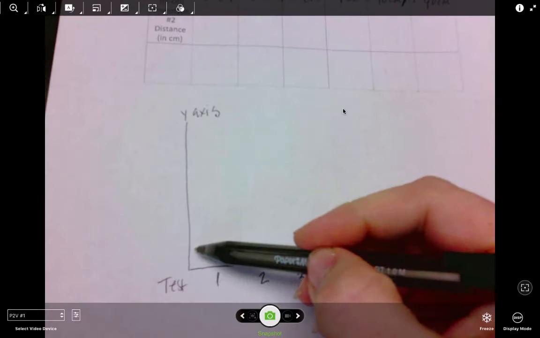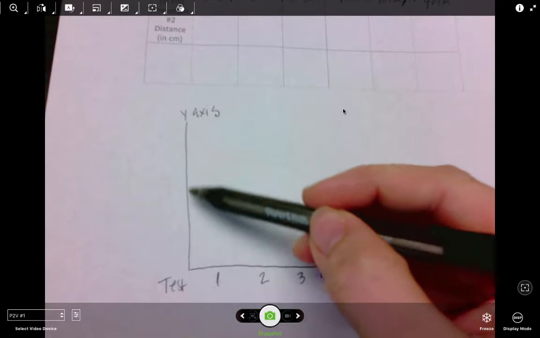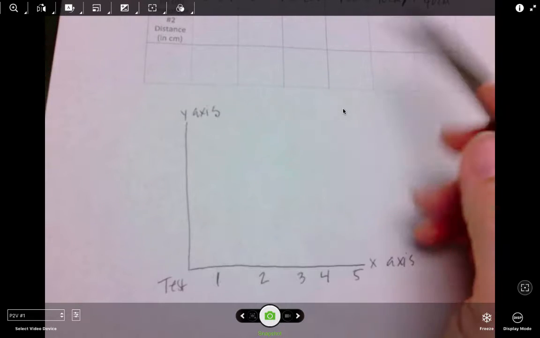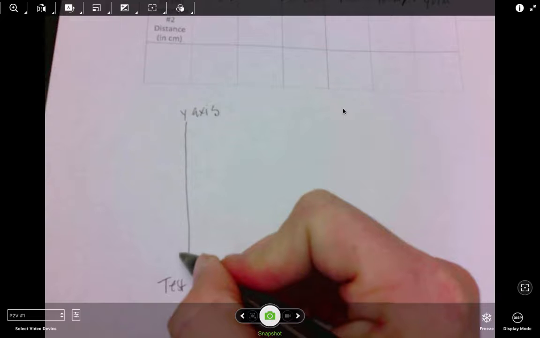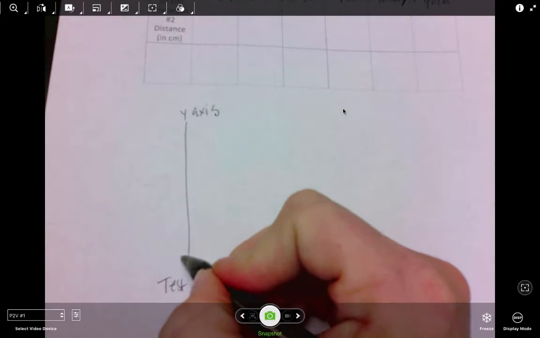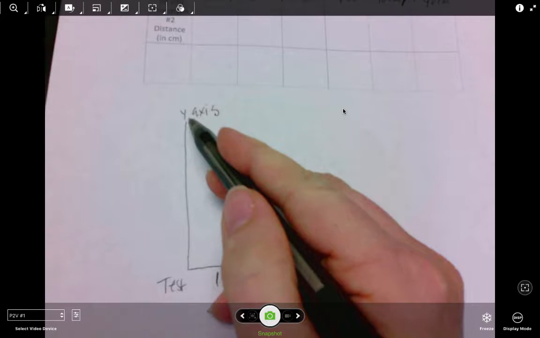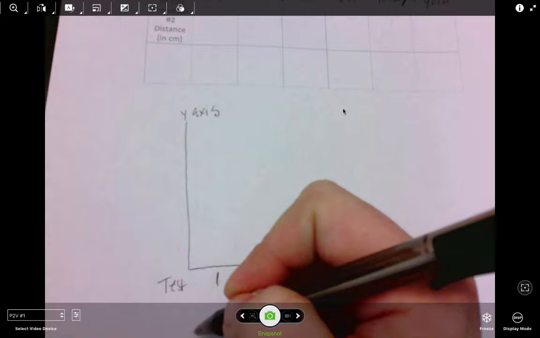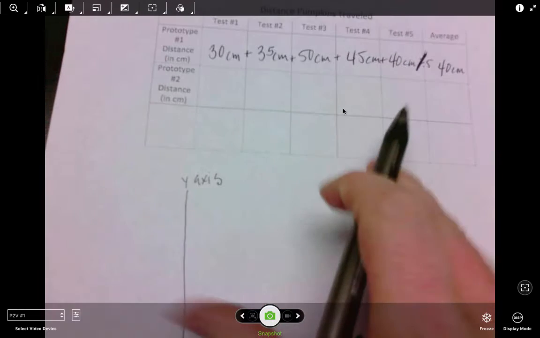One of the main things you need to decide is how you're going to organize your numbers on your y-axis, because I have up to 40 centimeters. You will do this on graph paper, so it'll be more precise, but I could do ones all the way to 40, or by fives, or tens, or 20s, or hundreds. It depends on how big my data is.